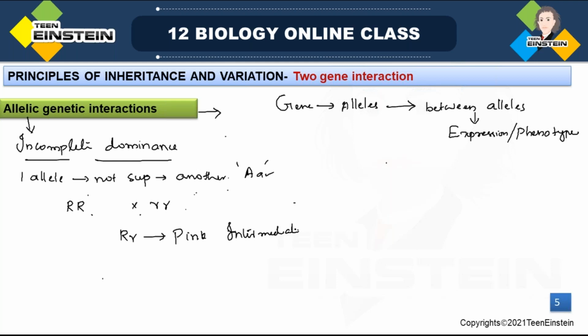And this is due to intragenic interaction. Here, the pure red parent is crossed with the pure white parent, but in F1, you are getting pink flower. How are you getting pink flower?